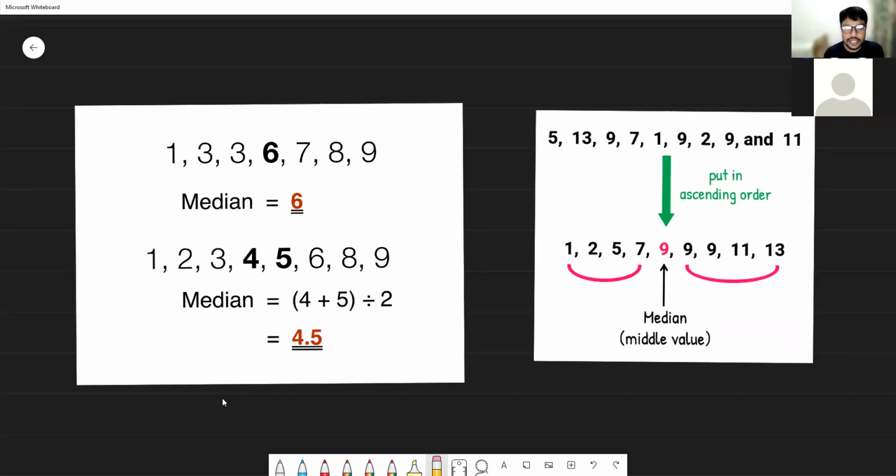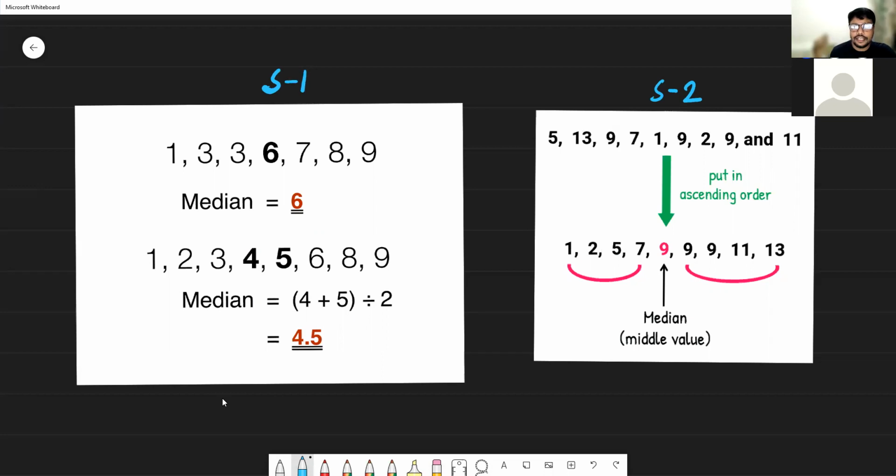Okay, in the first slide, this is figure number 2, the middle number is the median. Yes, the median number. But what if there are 5 numbers, then what will we do?